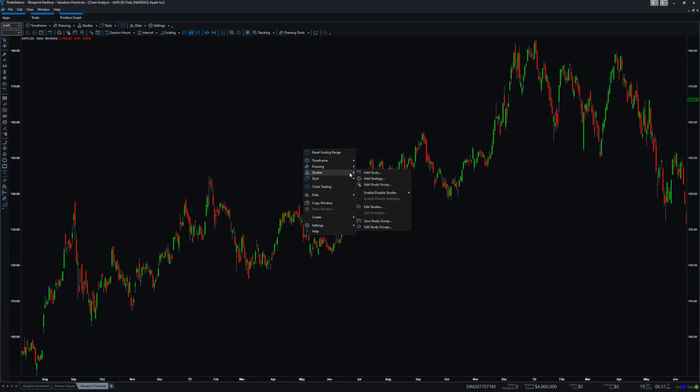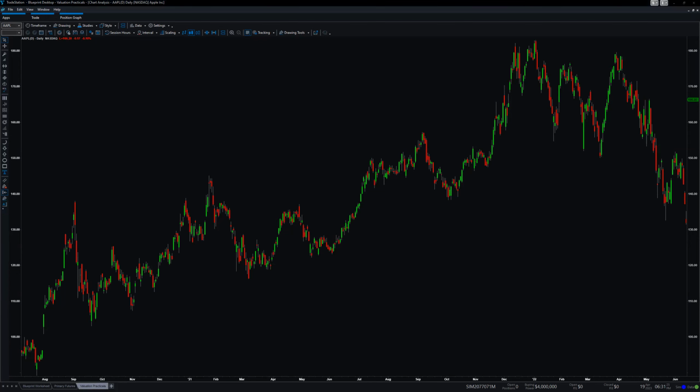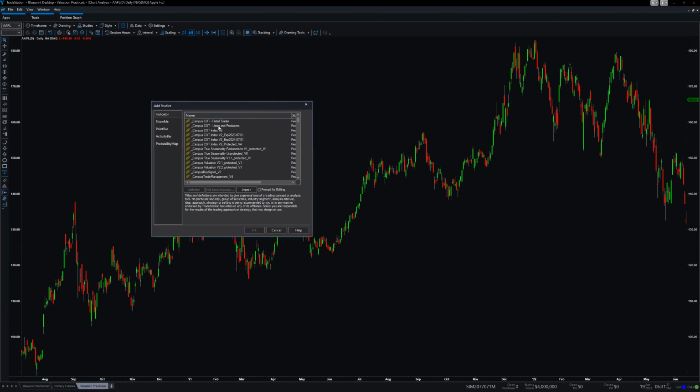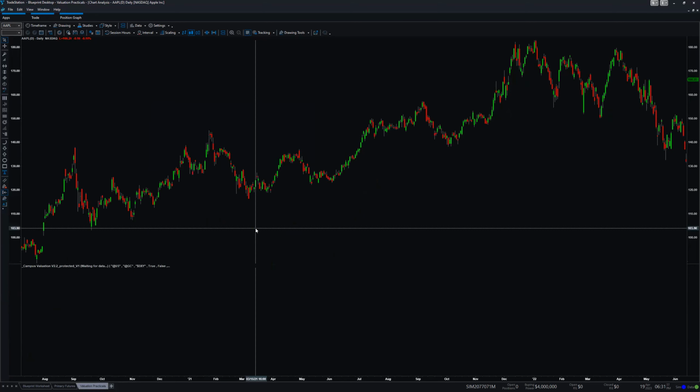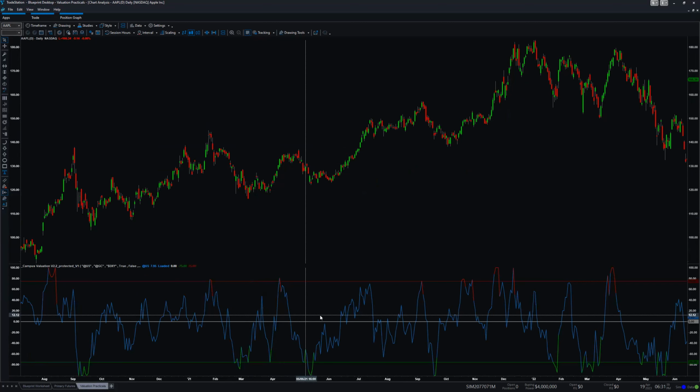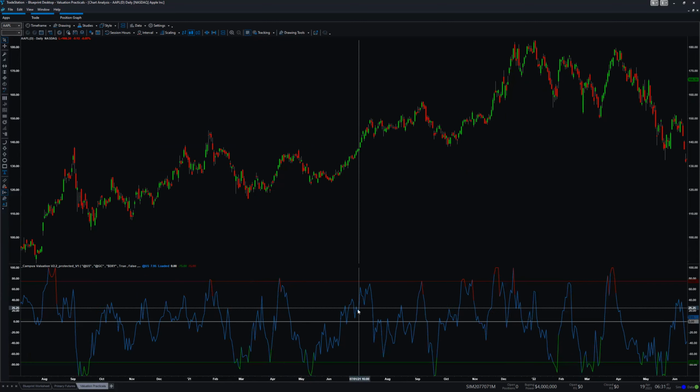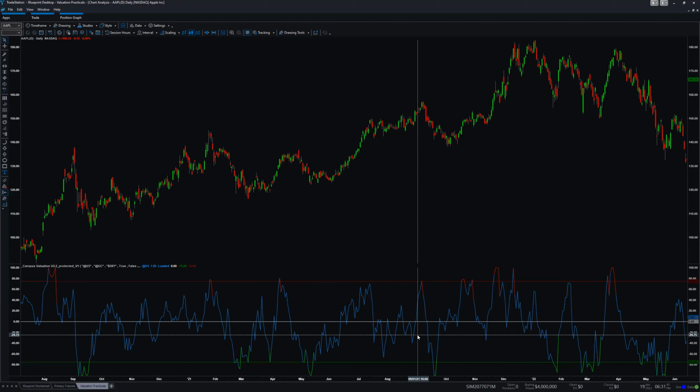Okay, so you go to studies, add study, and then you're going to add your campus valuation. The newest version is V2.2. You're going to add that, and now you get this picture right here. You will notice that mine looks slightly different, so I'll show you how to change yours as well.